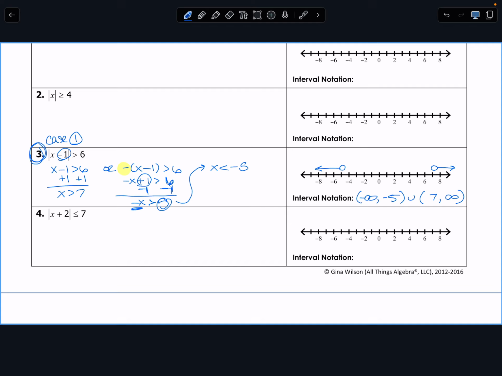If you're going to do it that way, you have to switch the direction of the sign when you make it negative on the right-hand side. Yeah, so you can do it that way. That's not the way I'm showing you guys, only because nobody remembers to flip both of them. So I'm trying to eliminate steps where I think you guys are going to mess up.